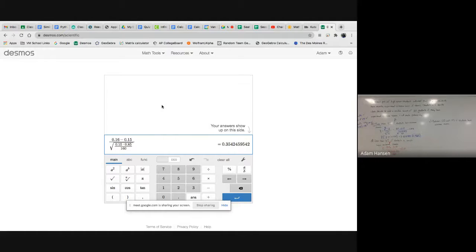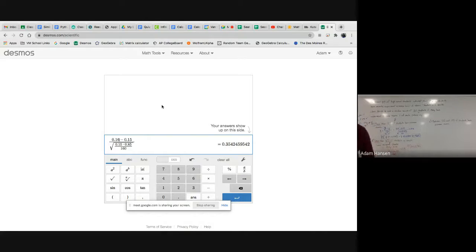Which tail do I want to have for my answer? Less than would mean which tail, left or right? Left. I want the left tail. What's the probability that less than 16% of students polled had extreme stress? So the probability of a z-score less than or equal to 0.35.